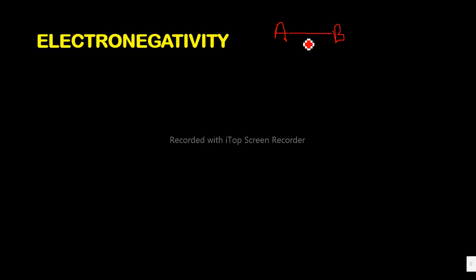Since these atoms are covalently bonded together, it means that atom A contributed 1 electron and atom B also contributed 1 electron to this covalent bond, like 500 each.